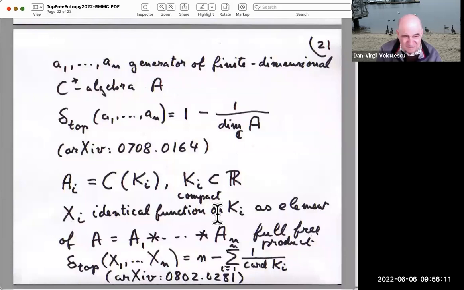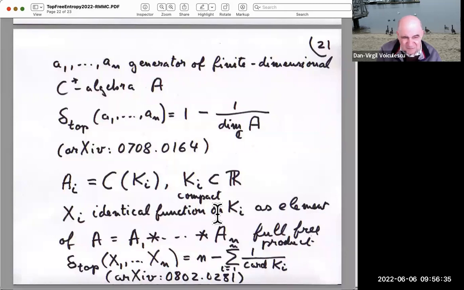Here you have the universal C-star algebra generated by an n-tuple of self-adjoint elements with spectra K1, ..., Kn.